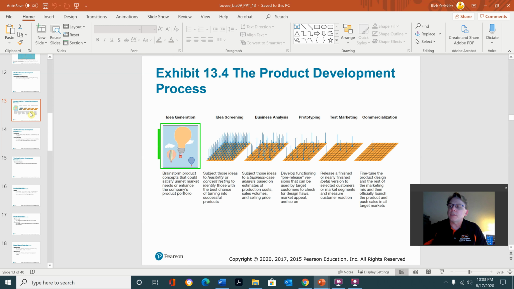So one of the things that's going on today is self-driving cars, electric cars. And so we've already done the screening. They've done business analysis, and we've had lots of prototypes and test marketing. Right now, commercialization, Tesla is already there. Other electric car companies are about to come online within the next year or two.